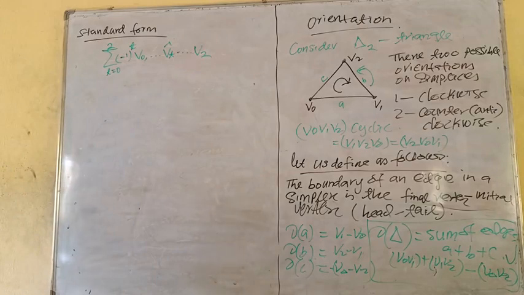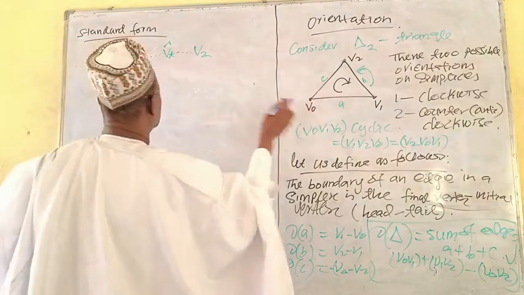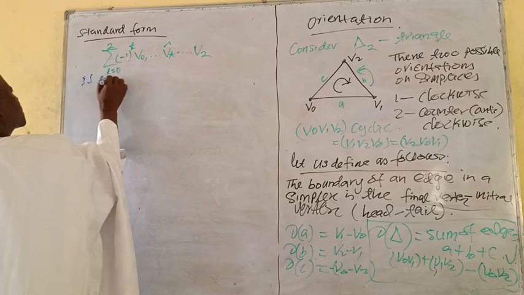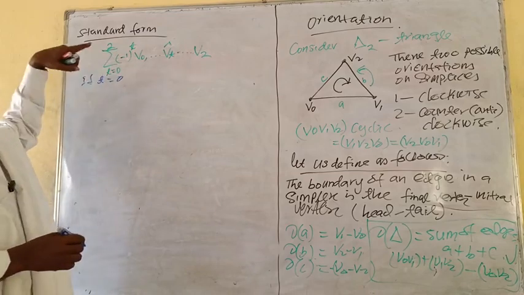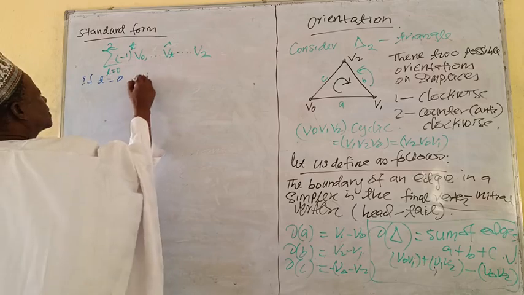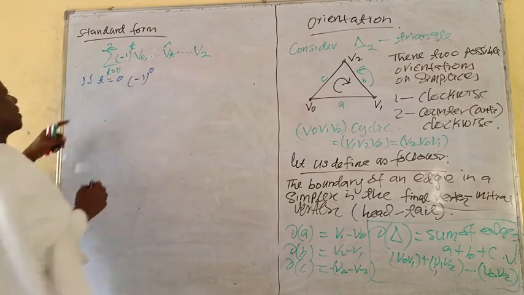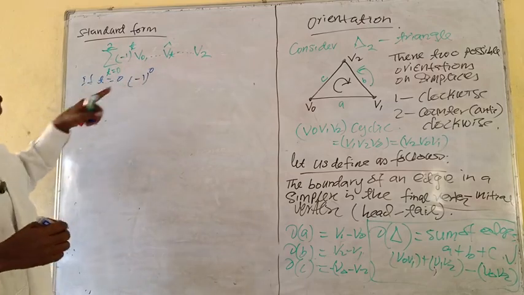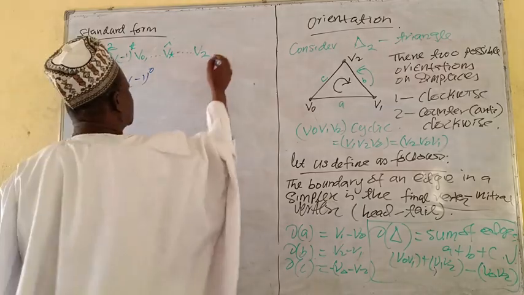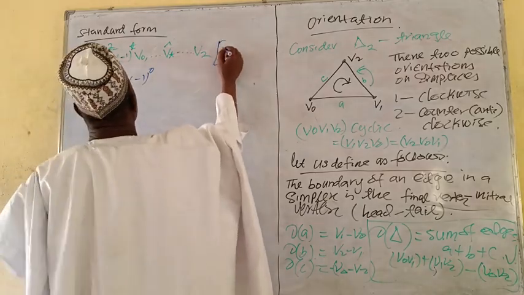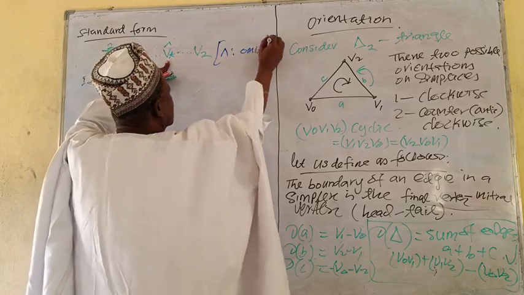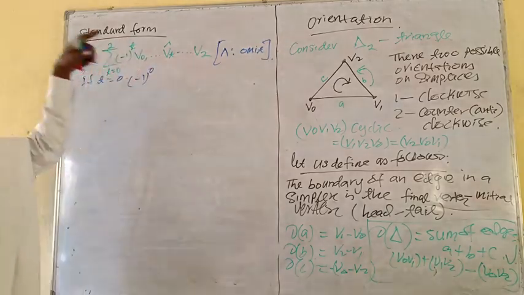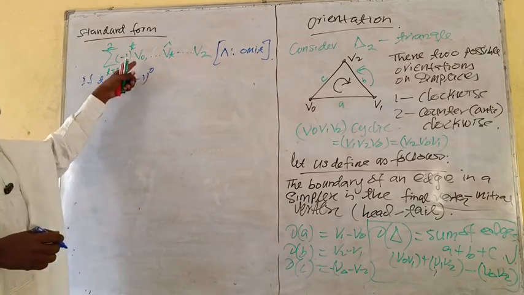And we can try it. Our vertices start from 0. So if t is 0, let's see what we get. You substitute in this formula. Minus 1 raised to power 0, you have 1. Because t is 0, you are going to omit B0, because this hat means omit, without B0.